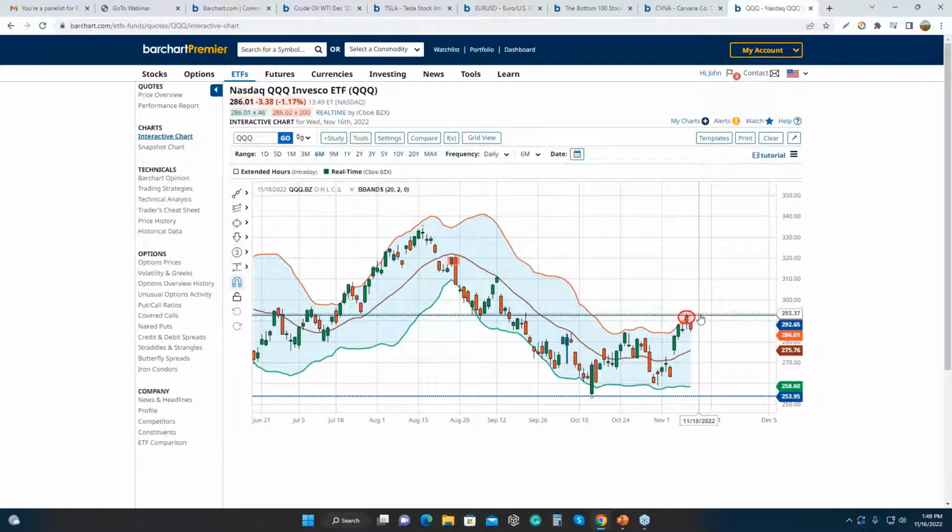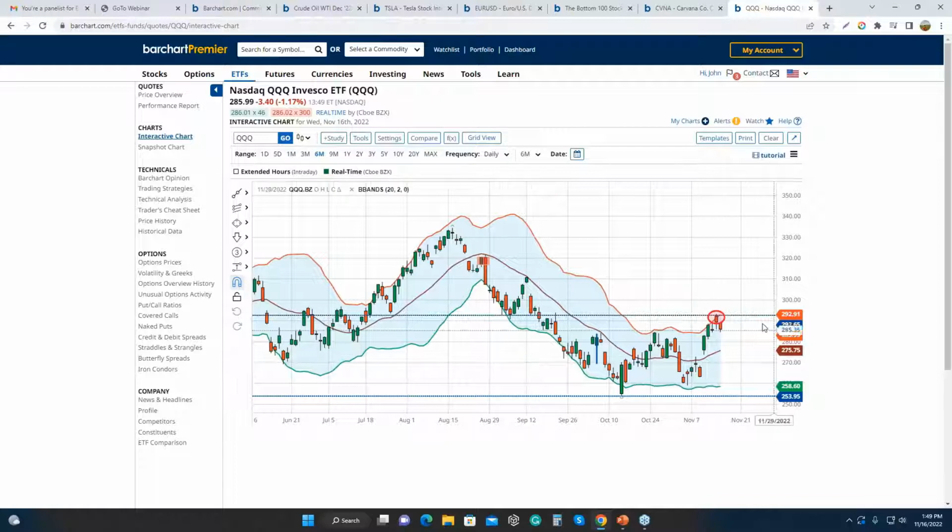And what do we get? We got a Bollinger Band piercing. Our candle went outside of our Bollinger Band. Now, when I drew this circle here, how far did price move from yesterday to today? Yesterday, on these two candles, the day before it was around 285.82.